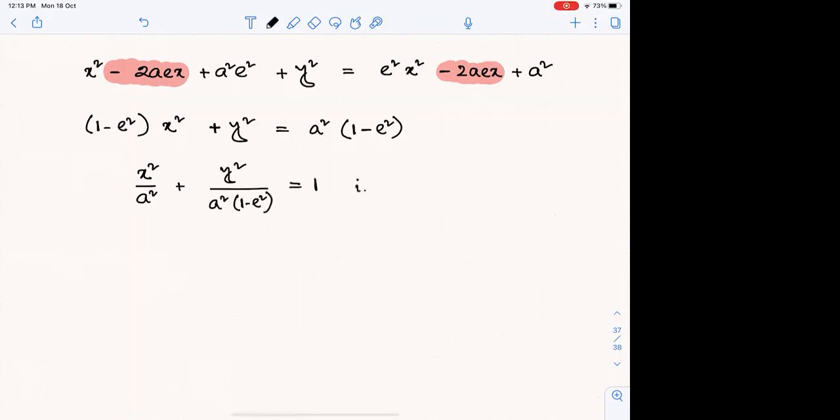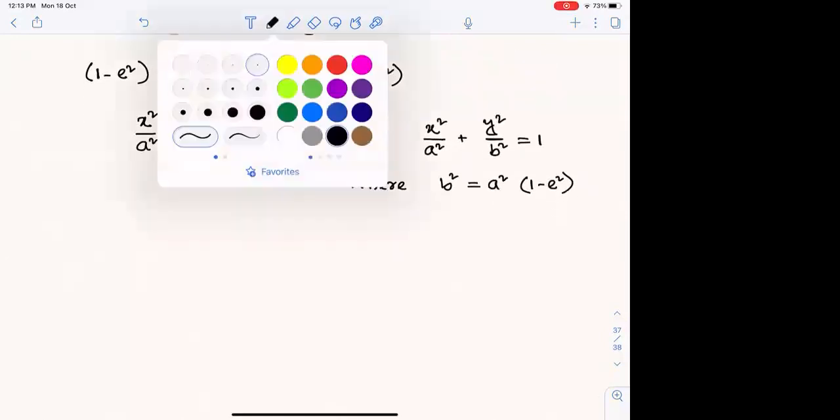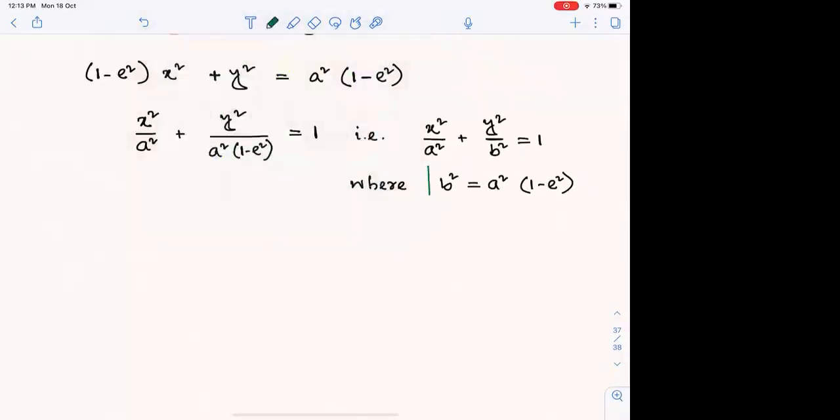That is, x square by a square plus y square by b square is equal to 1, where b square is considered as a square into (1 minus e square). So this is a relation which is very, very important. We need to keep this in mind.